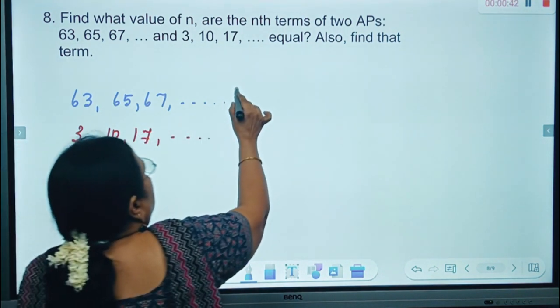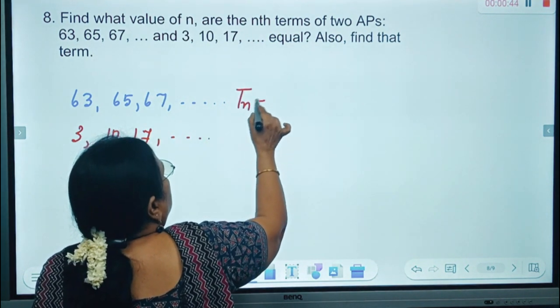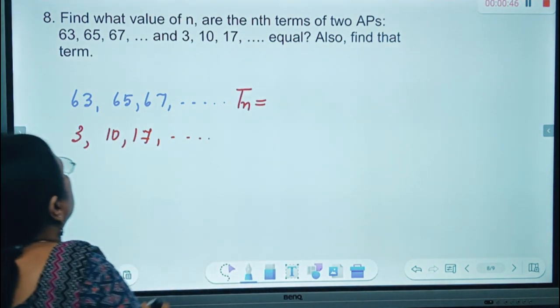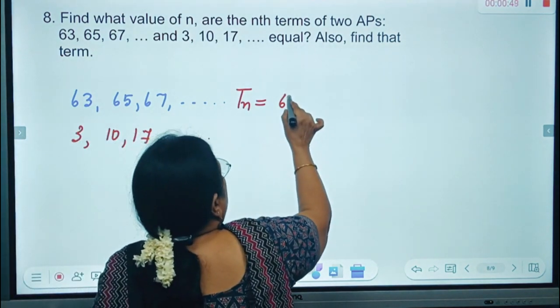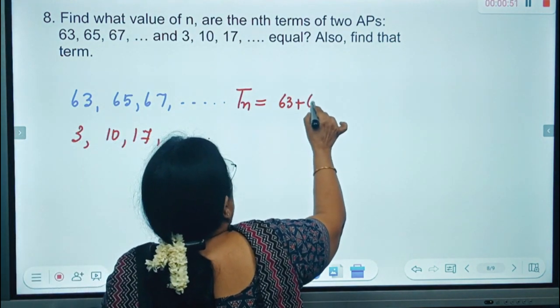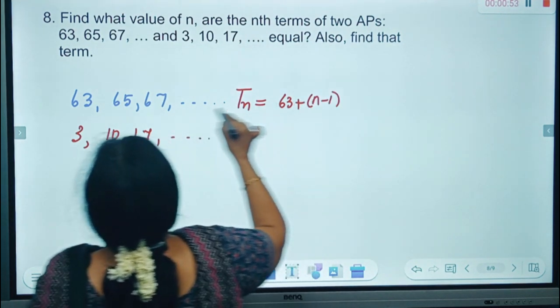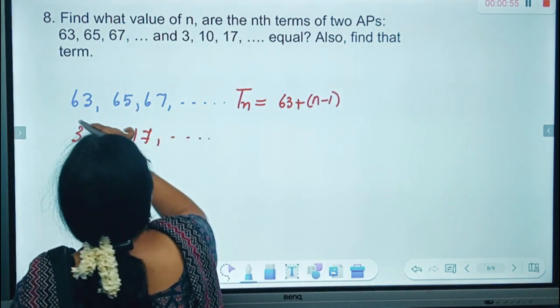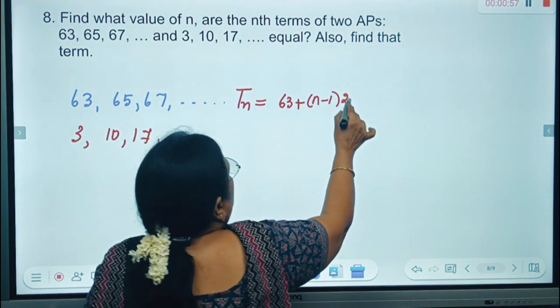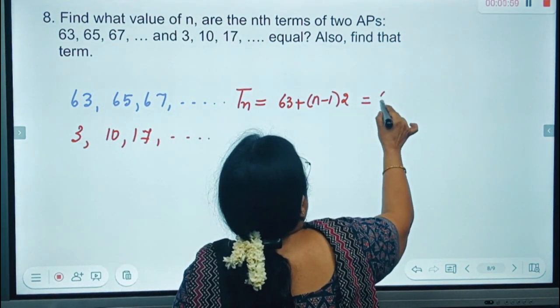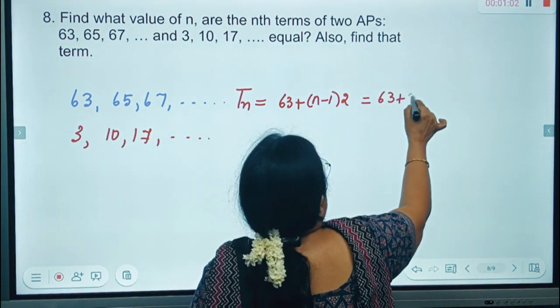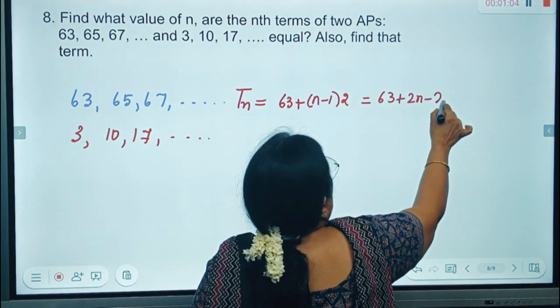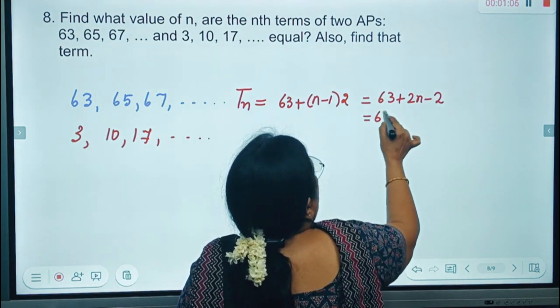So what will be the nth term for this? It is a plus n minus 1 into d. So 63 plus n minus 1 into what is d? T2 minus T1, which is 2. This is 63 plus 2n minus 2, which is 61 plus 2n.